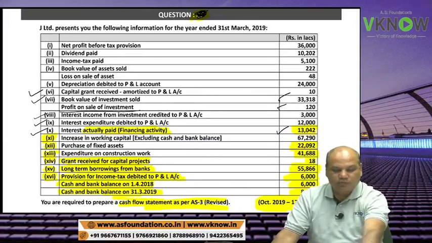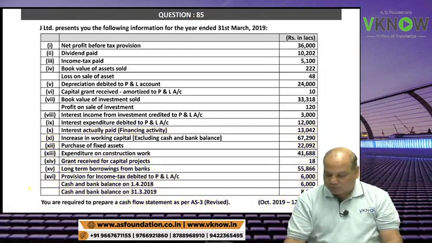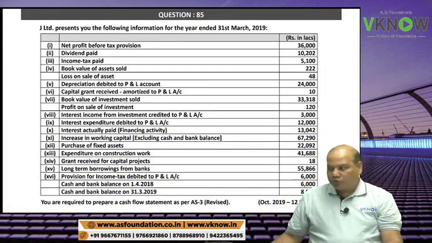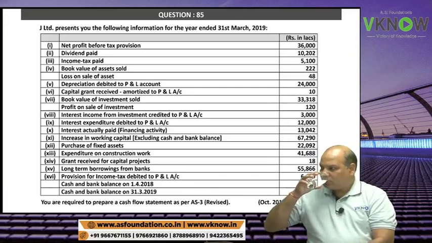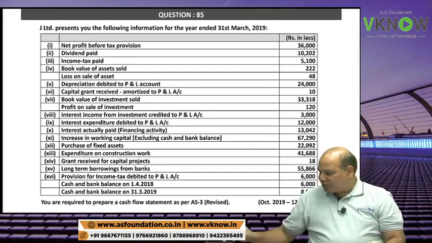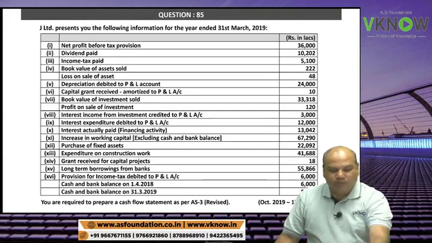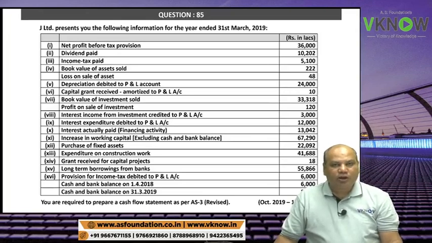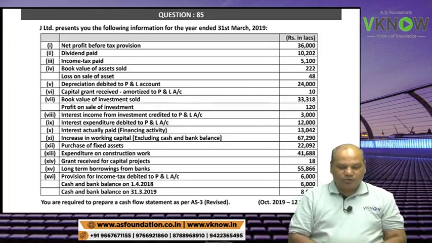So all of you please go through it again yourself and decide which item will go where, which item you will write in operating activity, investing activity, and financing activity.